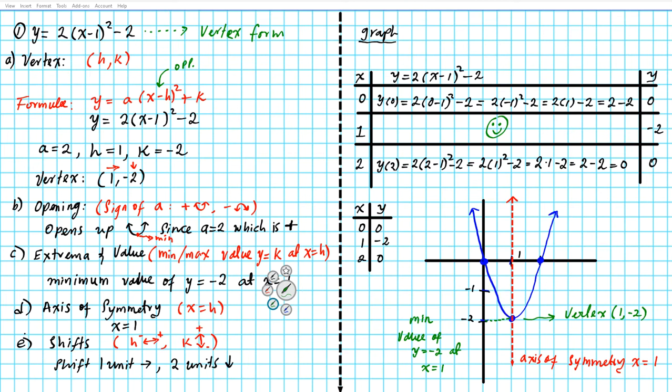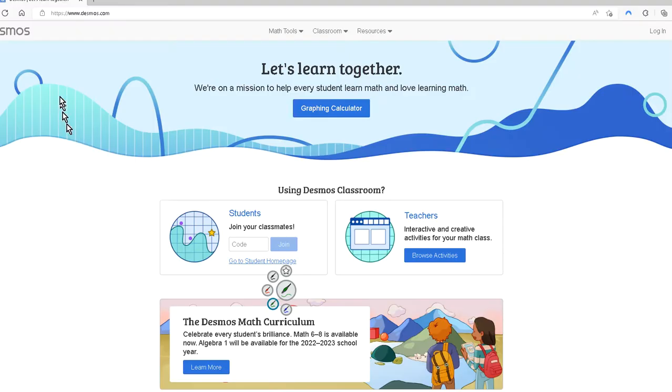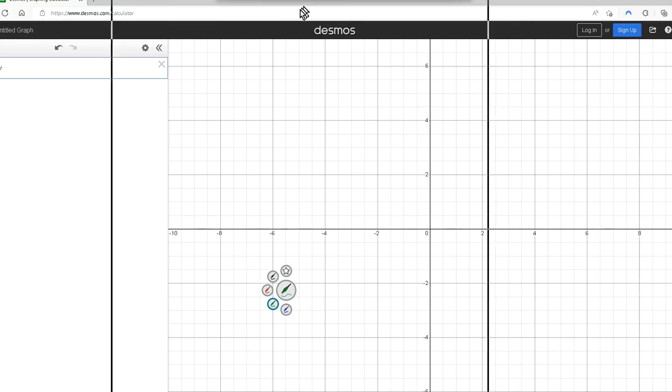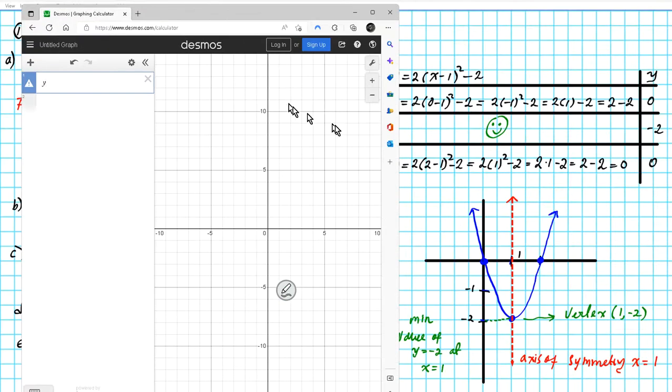So let's launch Desmos. Go to desmos.com to start your graphing calculator. We're gonna go ahead and enter the function. So we have y on the, let's make this a little bit smaller, on the left field right here, that's what we are entering.